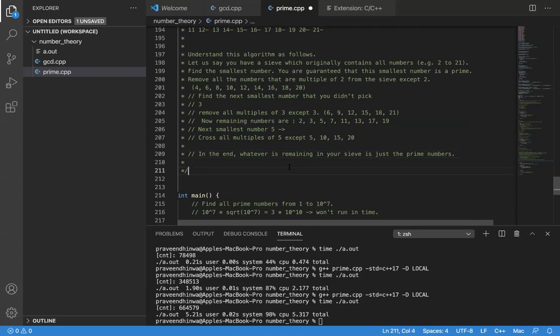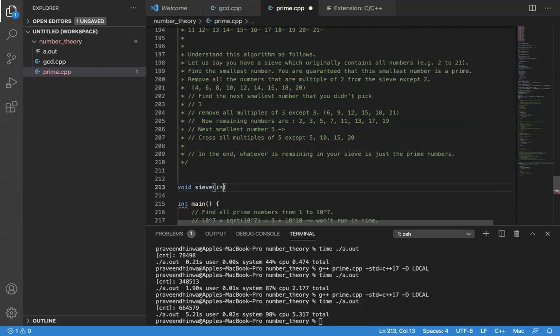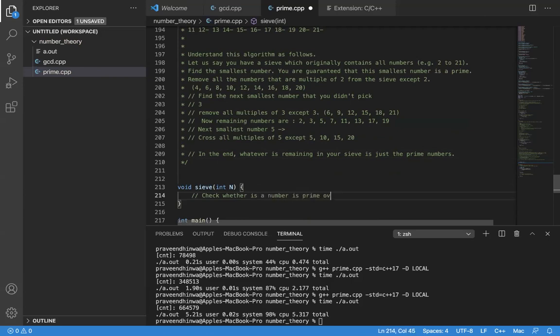So let me write a pseudocode for this, and then we will see whether you get this idea or not. So let's say int n. I want to check whether a number is prime or not for numbers 1 to n.